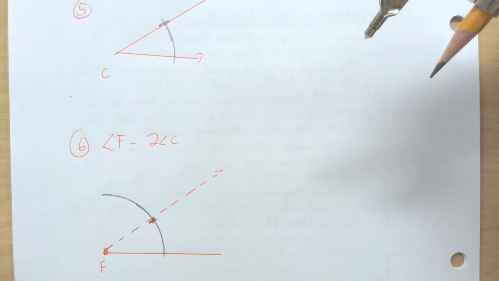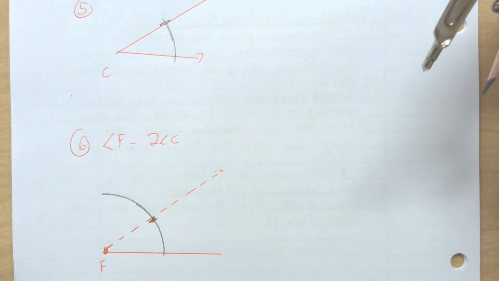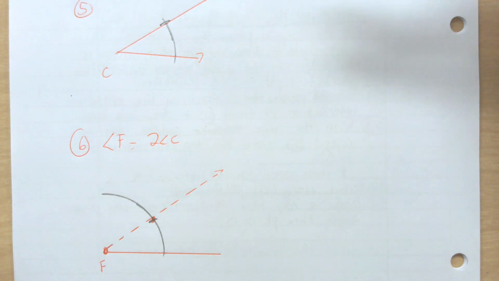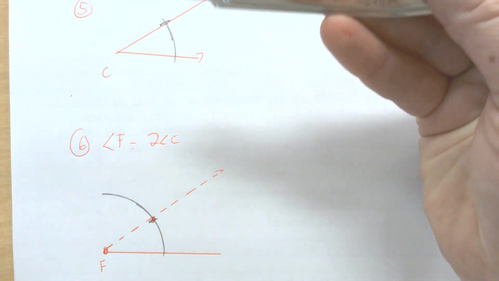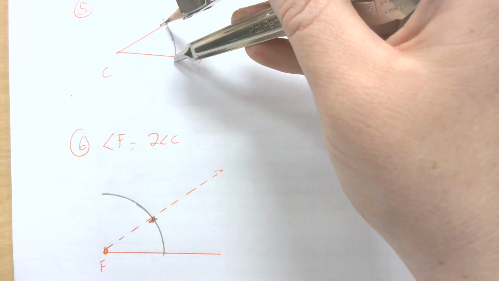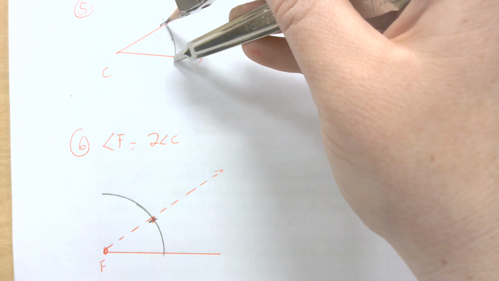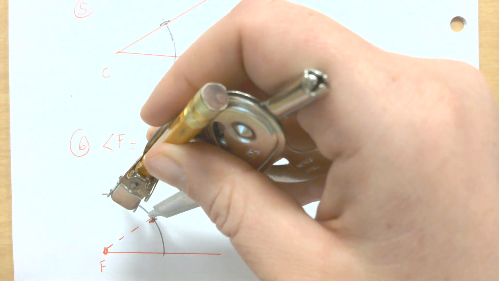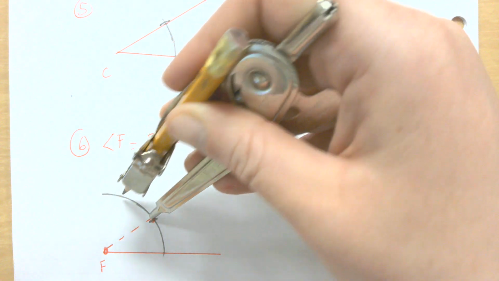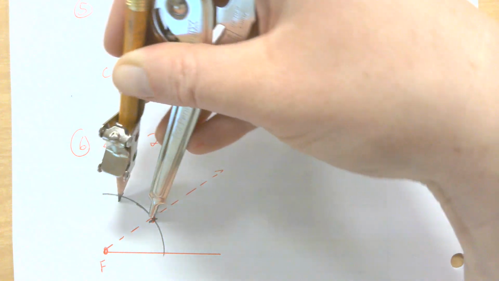You already did that? So your arc goes up here? Okay. So again, we're going to measure the intersection points of our arc and the angle lines on C. So you measure it like this, and then you put your pointer on the dashed line this time, and you're going to copy that measurement and draw a little arc there.